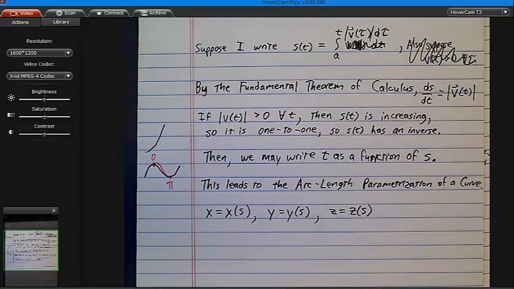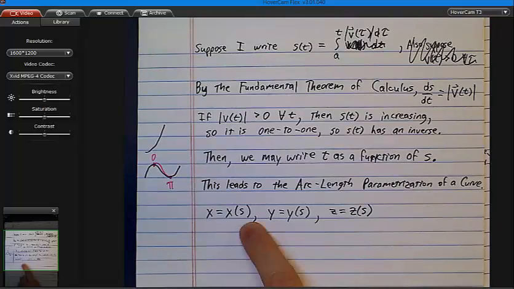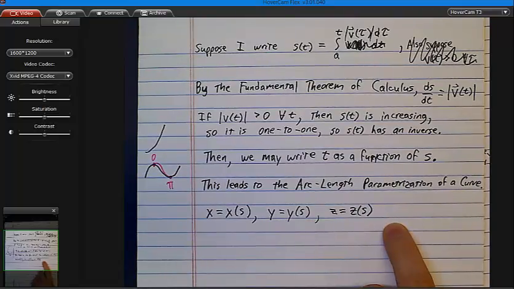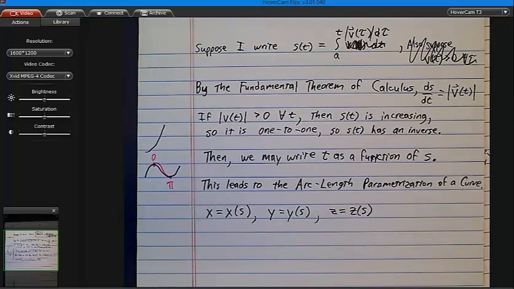Let me say it one more time. So far, when I've written down parameters, I've always written what here? T. And you guys understood that. And we like the variable t because it represents time. But since time can be thought of as a function of arc length, it makes sense that you could write x, y, and z as functions of arc length. And when you do that, you gain a lot of power over the curve.